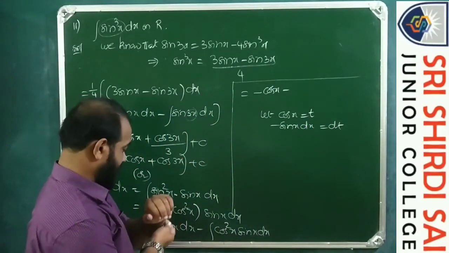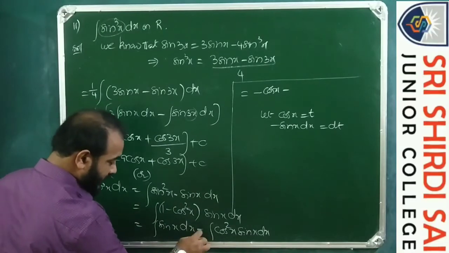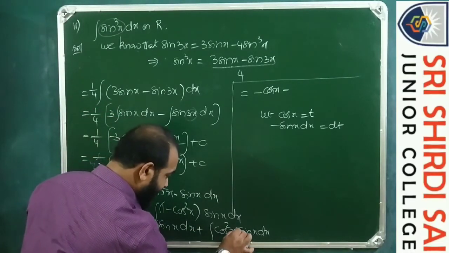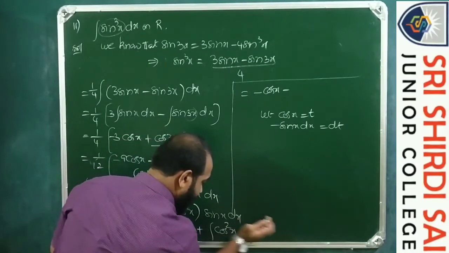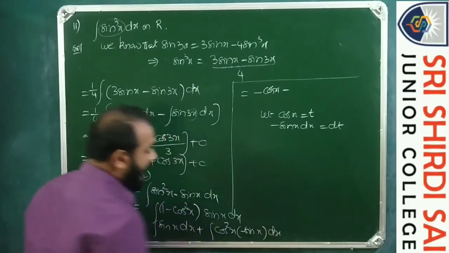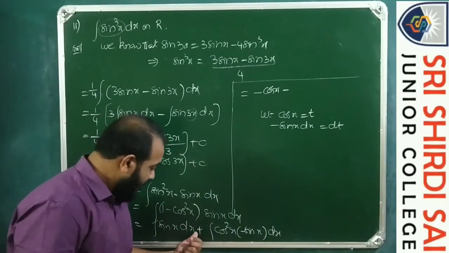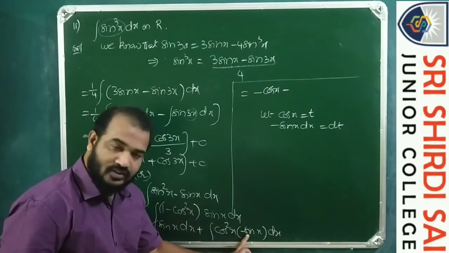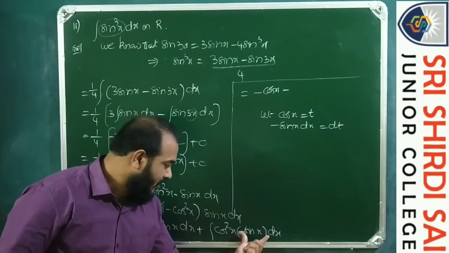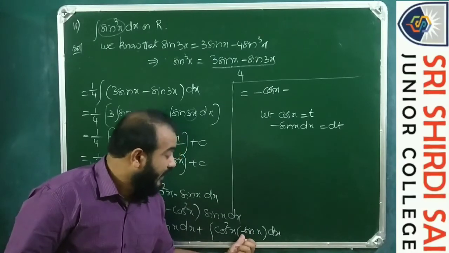So therefore this minus I will write as plus, minus sin x dx. I did not do anything except minus, plus into minus is also minus. This minus I have taken inside and attached to this minus sin x.